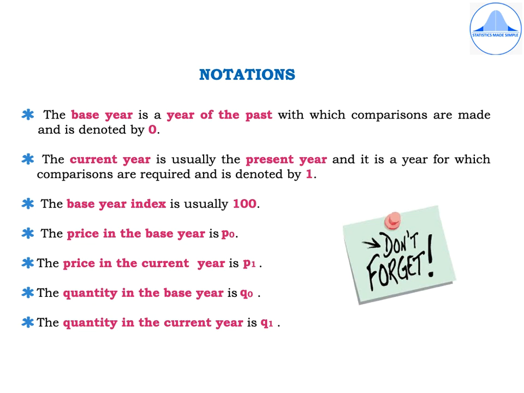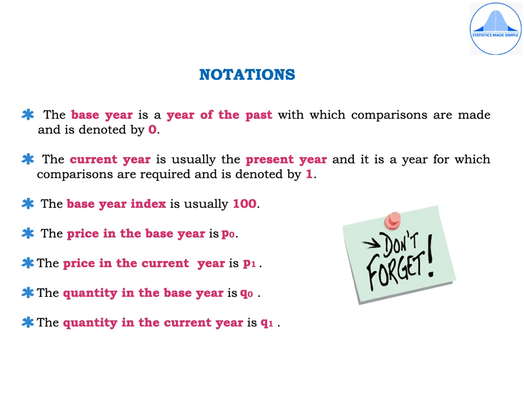The current year is usually the present year and it is a year for which comparisons are required and it is denoted by 1. Now, the next point is very important. The base year index is usually assumed to be 100. We'll be making use of this in some of the problems.